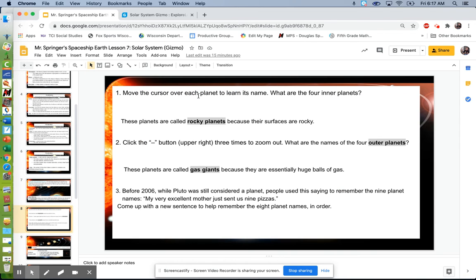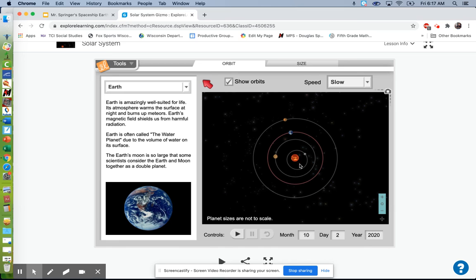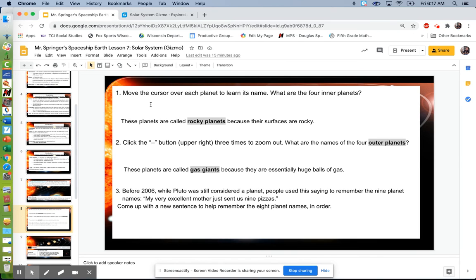Move the cursor over each planet to learn its name. What are the 4 inner planets? So take my cursor. I think I did this before. Mercury, Venus, Earth, Mars. So click here.